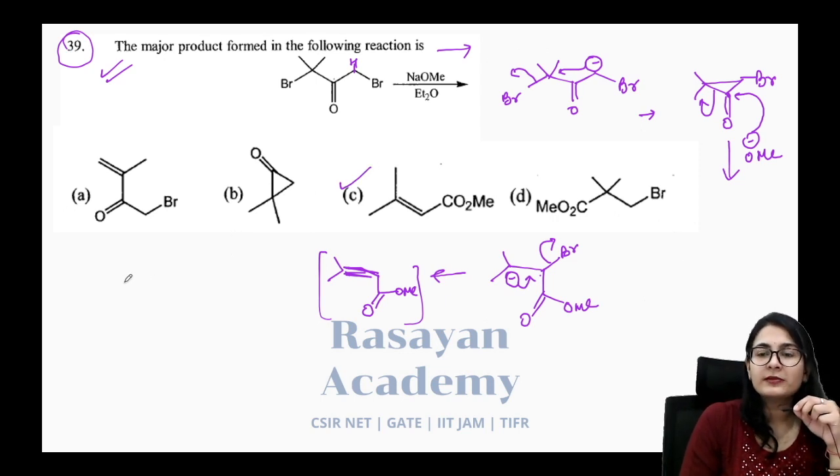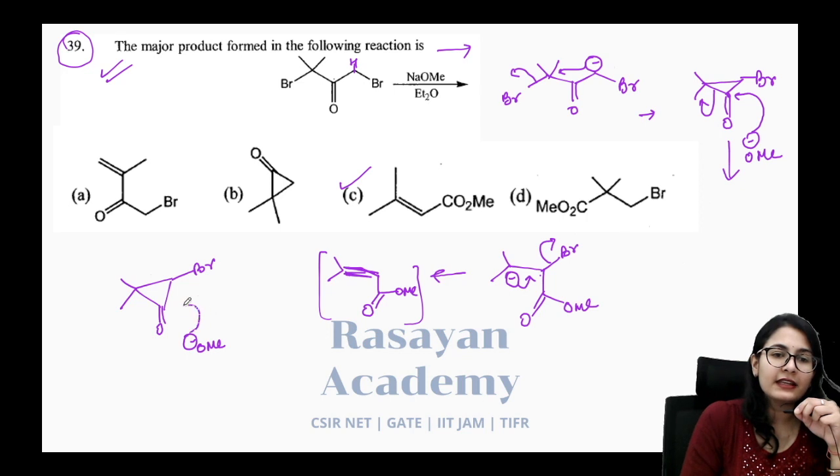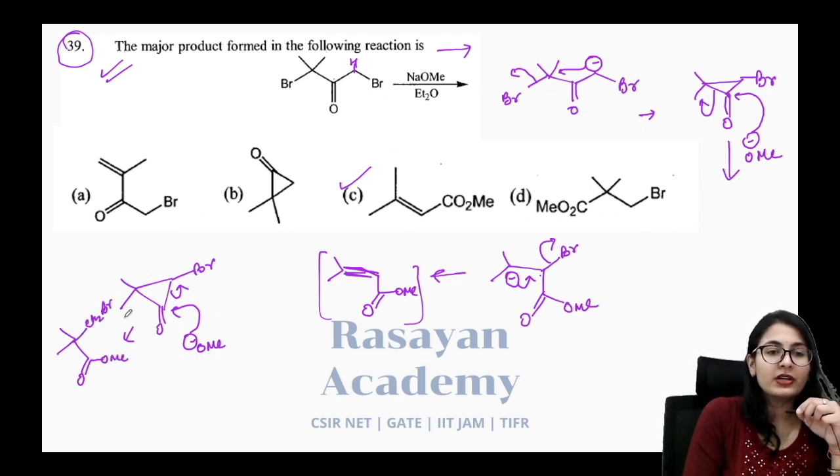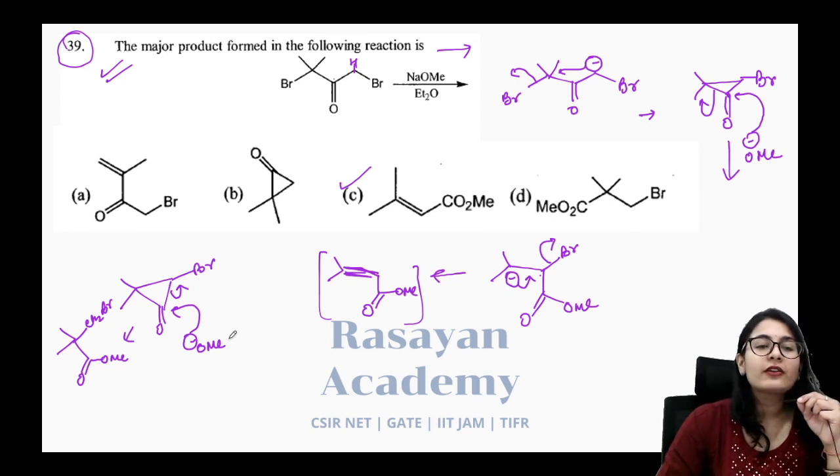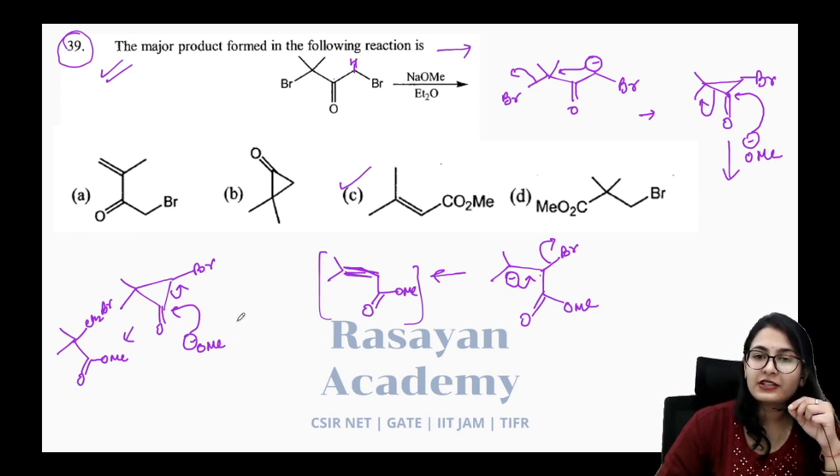But there is one more possibility from the same compound. Let's say the methoxy is attacking on this carbonyl and the bond opens on this side. If this happens, you are just going to end up with an ester and CH2Br, because on the other side you are not going to have any elimination possibility.